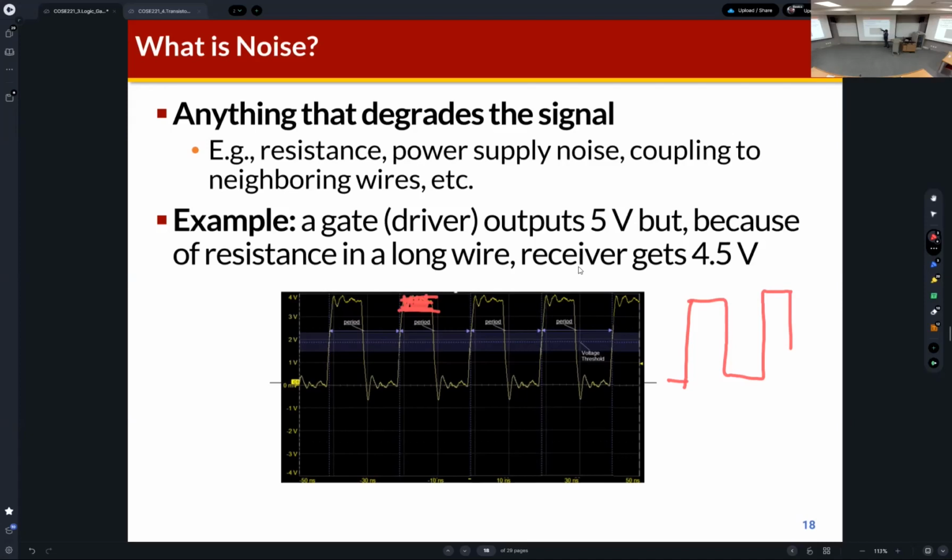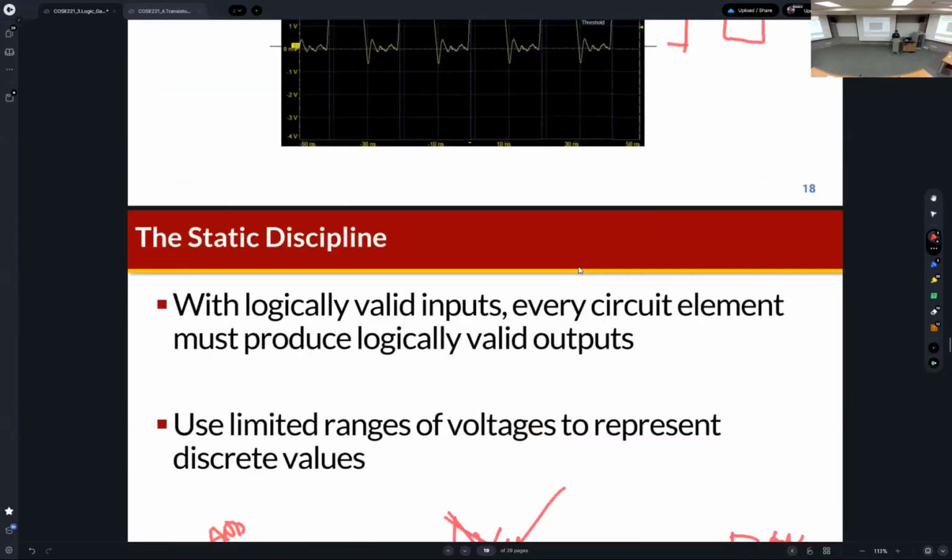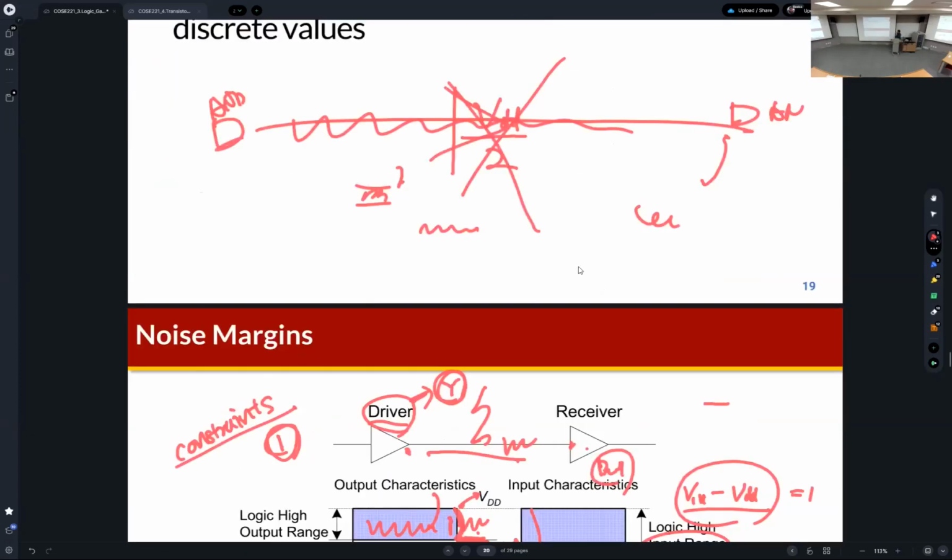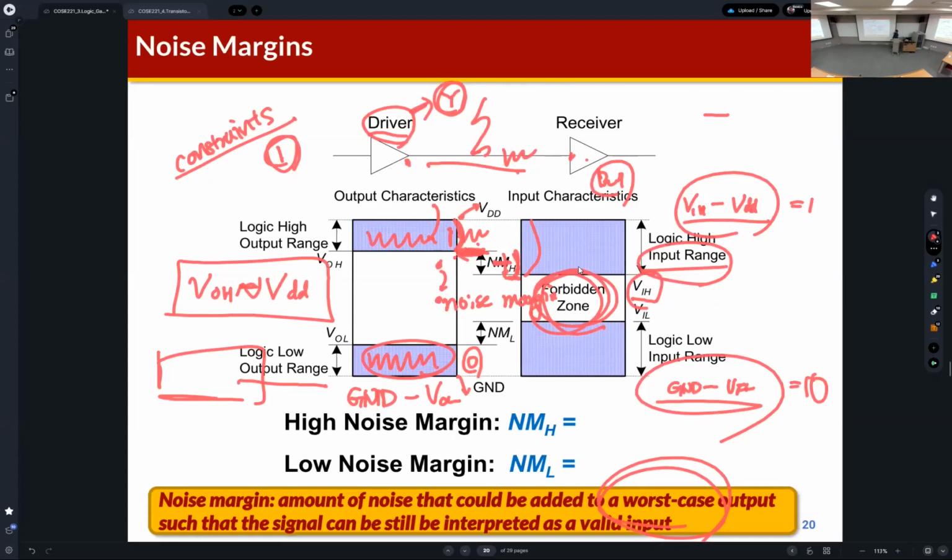So actually, electric systems handle very nasty analog signals, but we just translate these nasty signals into clear digital signals. I also explained the noise margin.